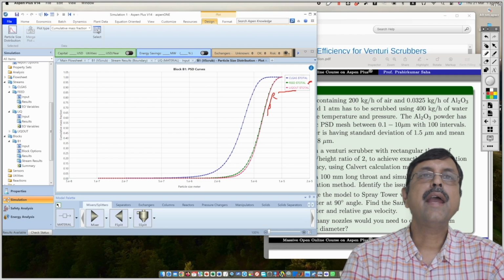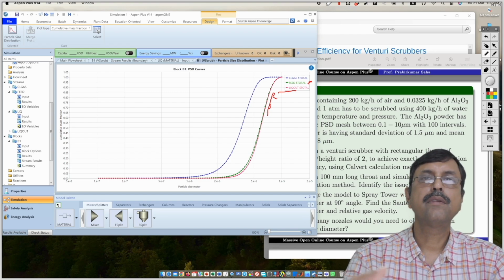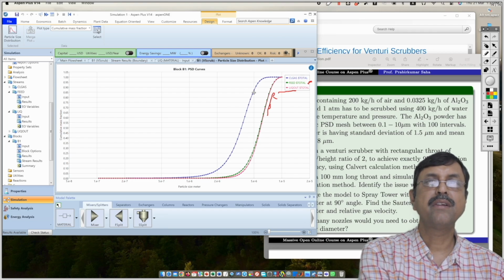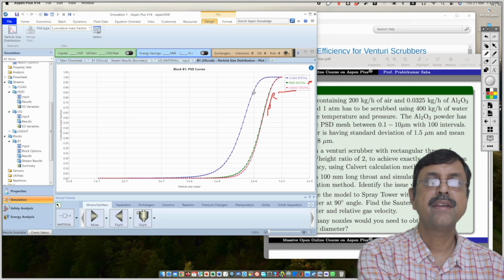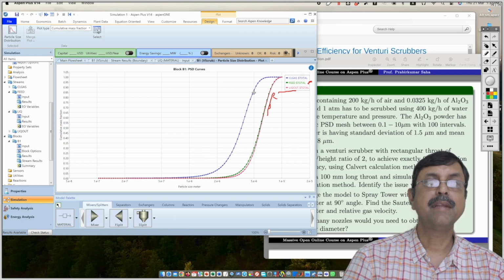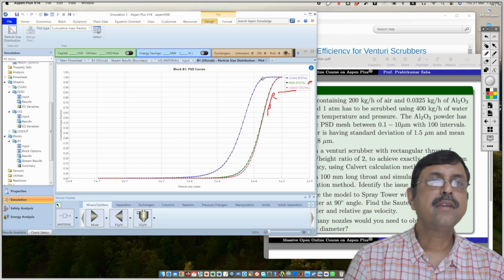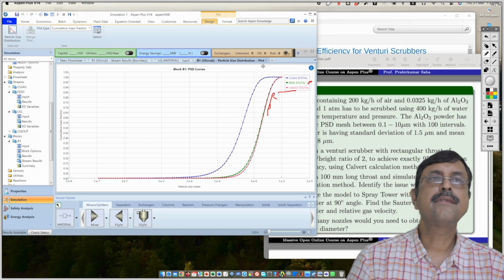So feed and liquid, they almost overlap each other. That suggests that 95% of the particulate matter has shifted from the gas phase to the liquid phase. It has been arrested in the liquid phase. The clean gas is also having some amount of particulate matter and its distribution is something like this.